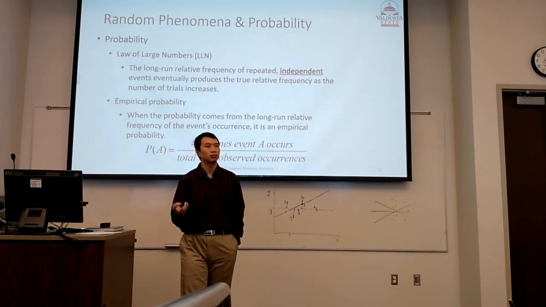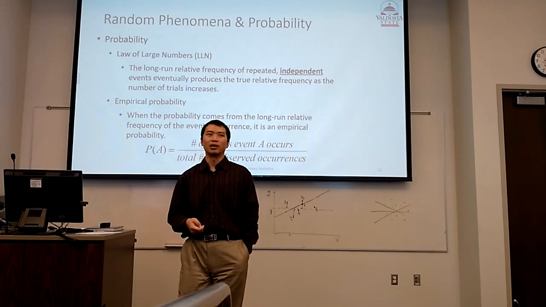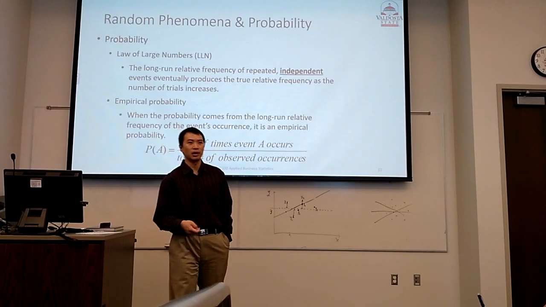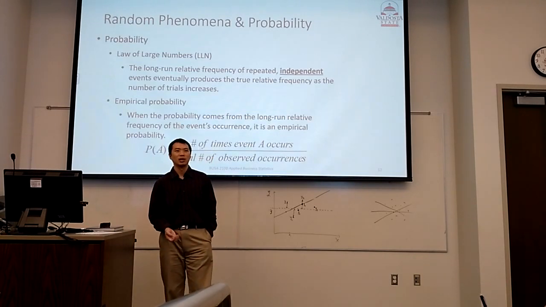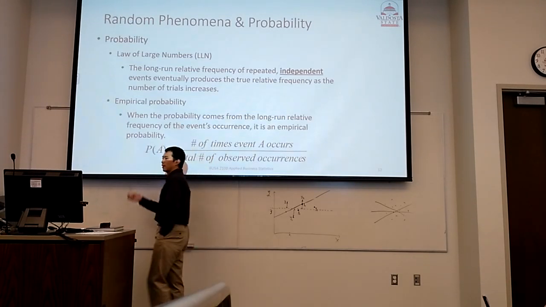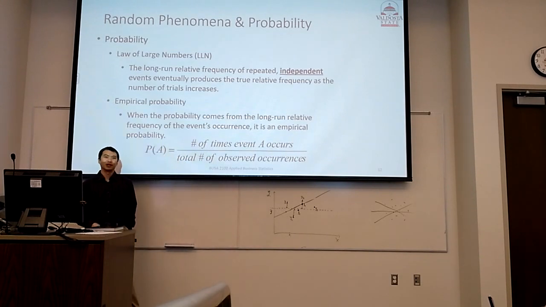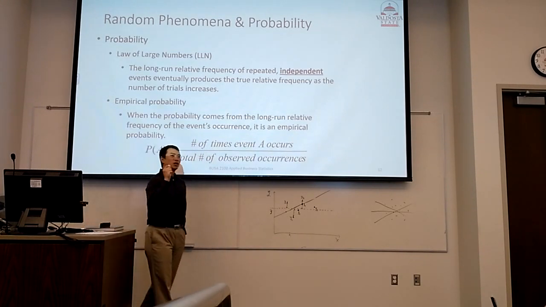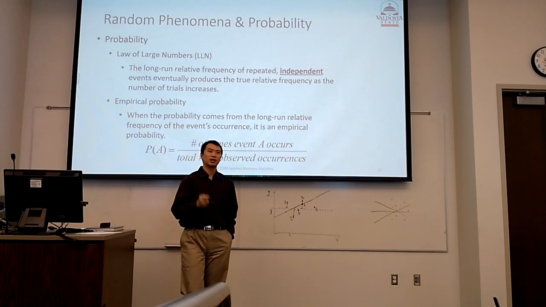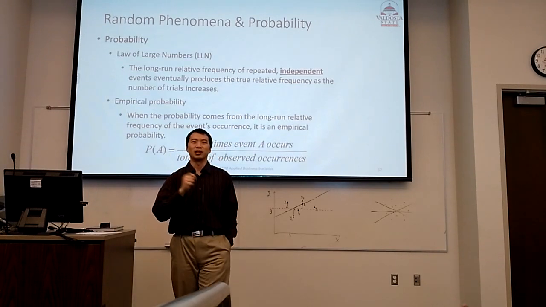What about 20? Maybe 11 tails, 9 heads, still not half-half. But if we try a large number, say let's toss the coin 1,000,000 times.